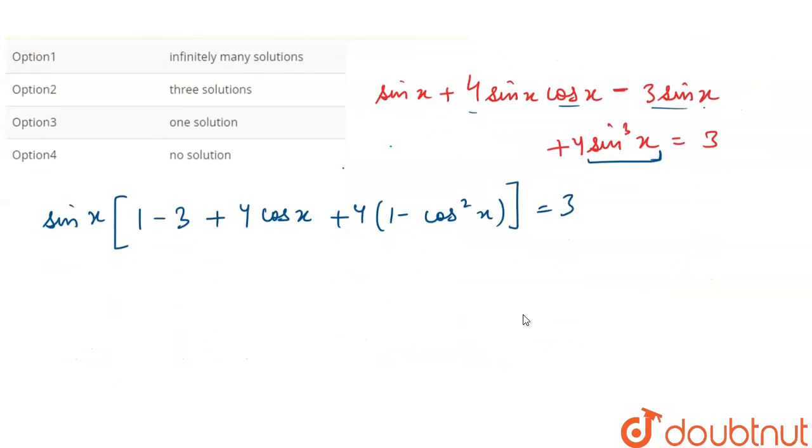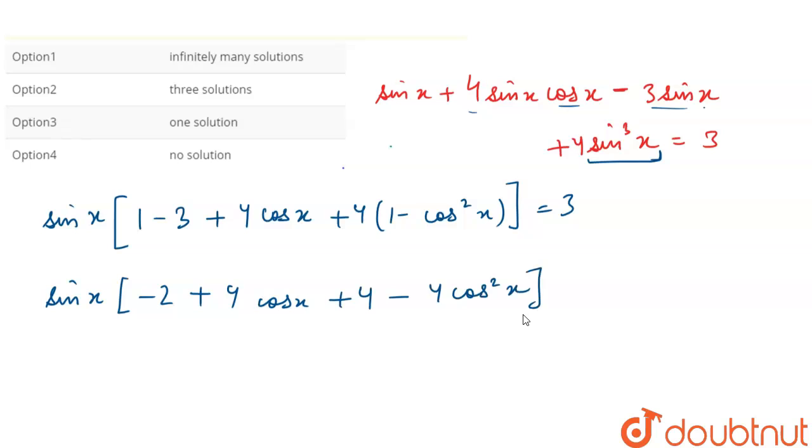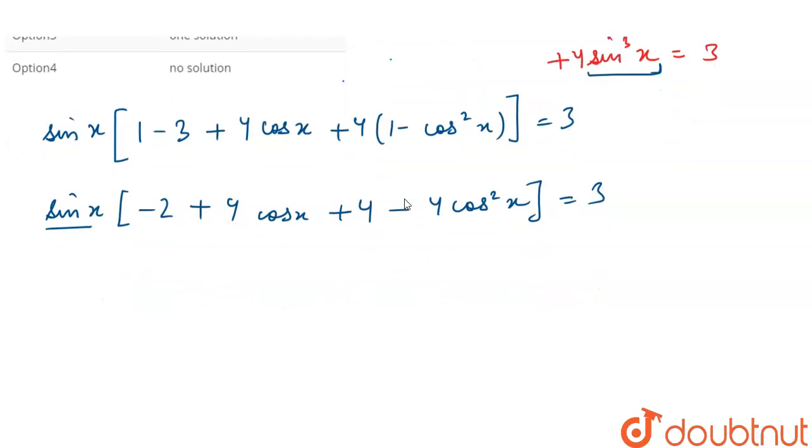Okay, now moving forward, we will have sin x, and in bracket we have minus 2 plus 4 cos x, and this will become 4 minus 4 cos square x, and here we have equals to 3. So simplifying it again, we can take this sin x to RHS. So here minus 2 and plus 4 become 2.